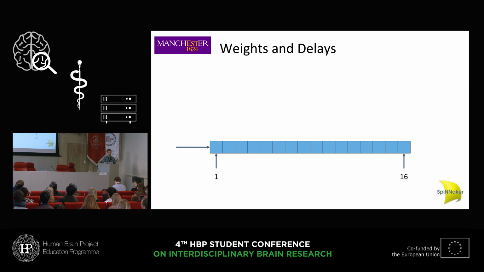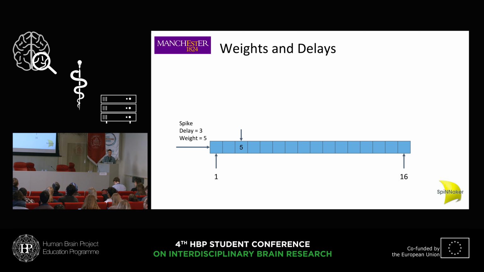So how do we actually support weights and delays? Essentially, the packets on SpiNNaker are transmitted, as I said, very quickly between one side and another. So you've got to think, okay, how do we delay a spike from being received or being processed on the core? The way we do this is we actually have a load of buffers on the core that let us hold the weights as they're received.